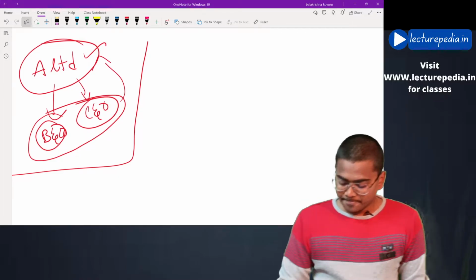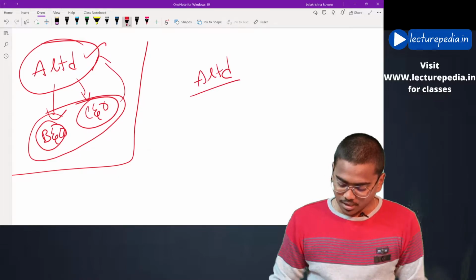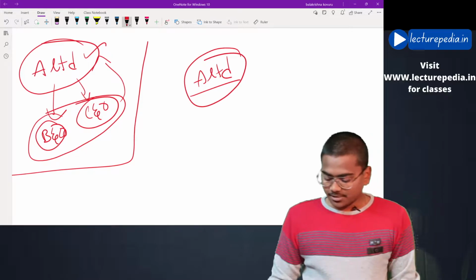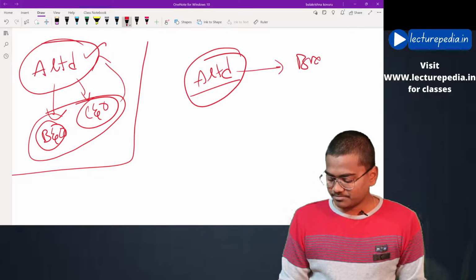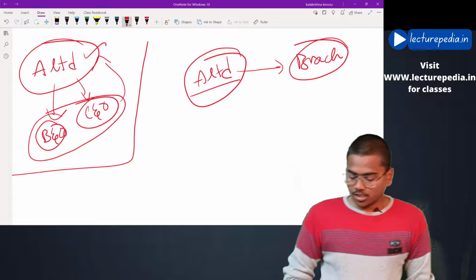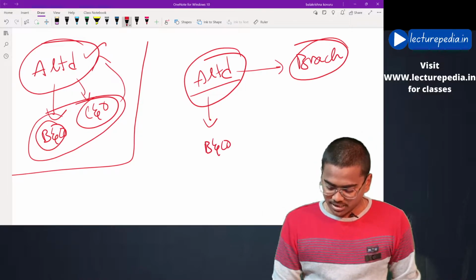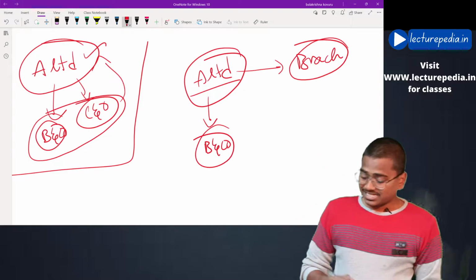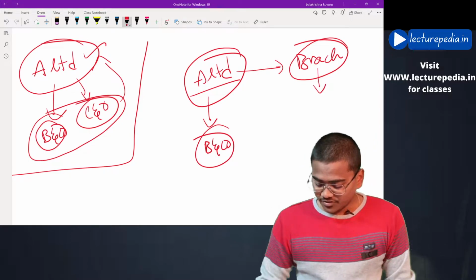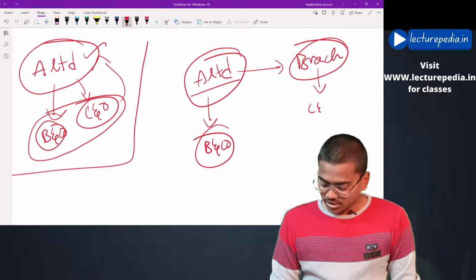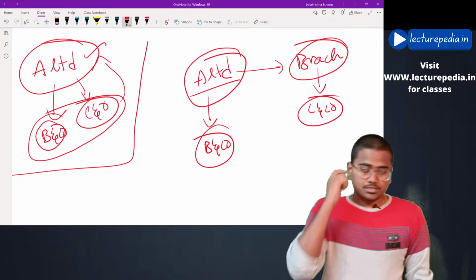Now, let's say there is A Limited, and for A Limited, there is a branch. To conduct audit of A Limited, B and Co has been appointed as auditors, and at the same time, to conduct audit of its branch, C and Co are appointed as auditors.